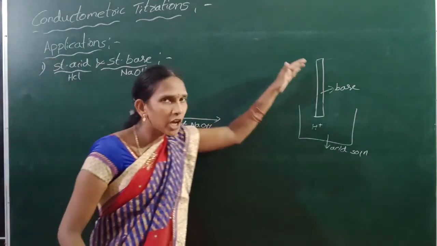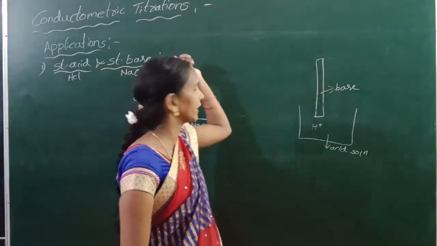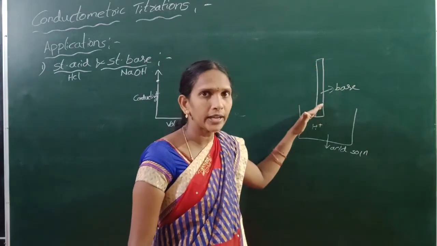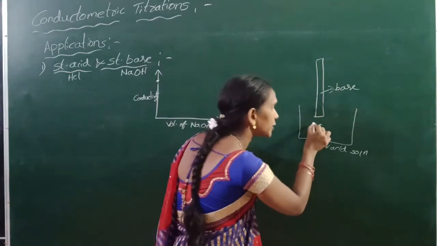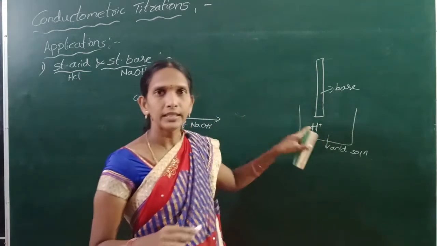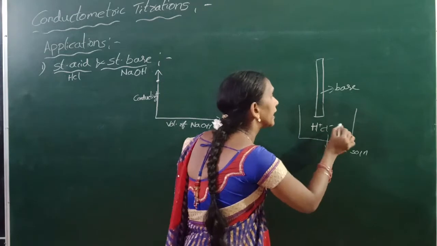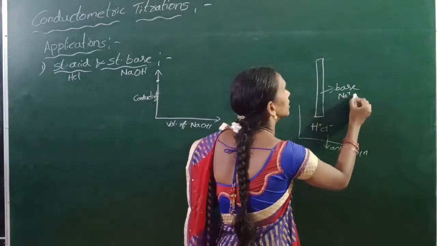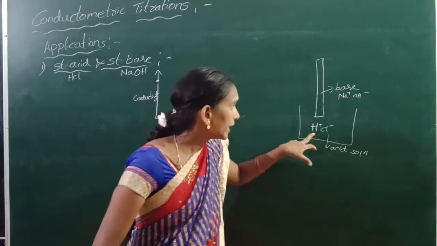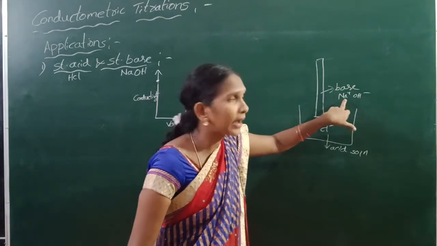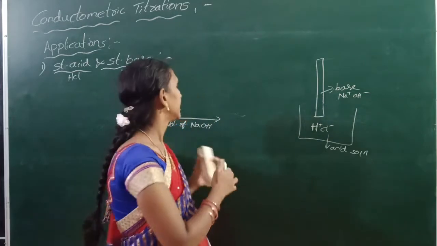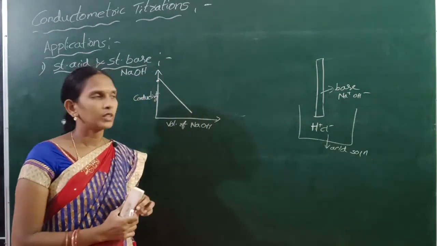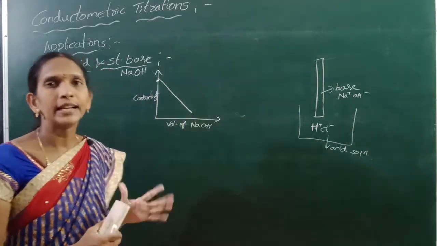On addition of base, that means NaOH, from burette, these H plus ions are replaced by Na plus ions. Then the conductivity is decreased.